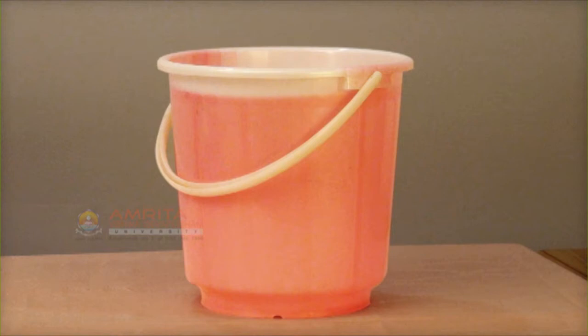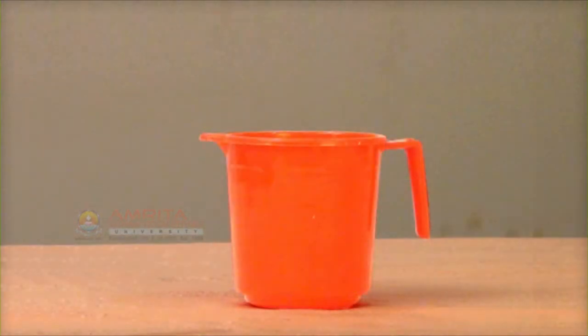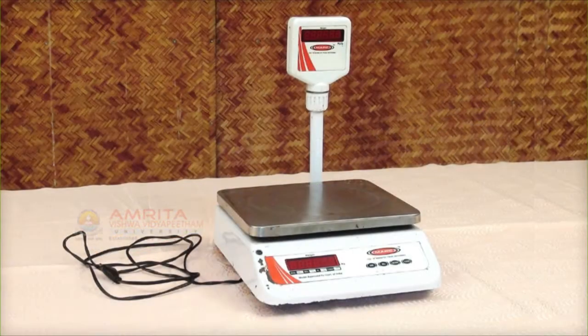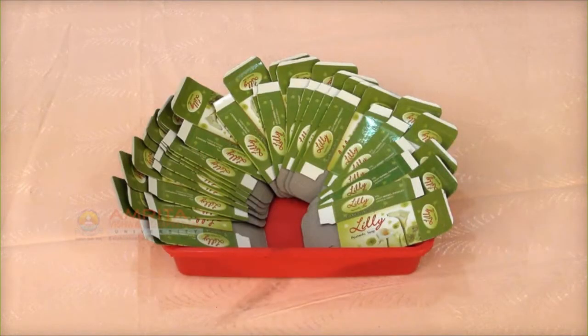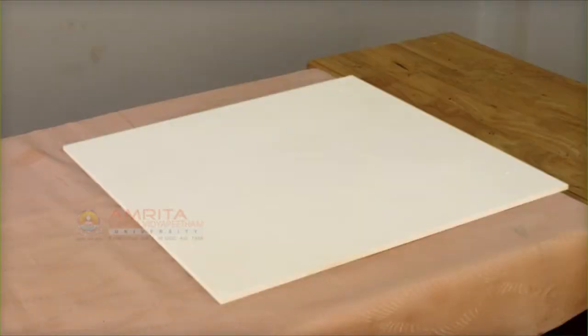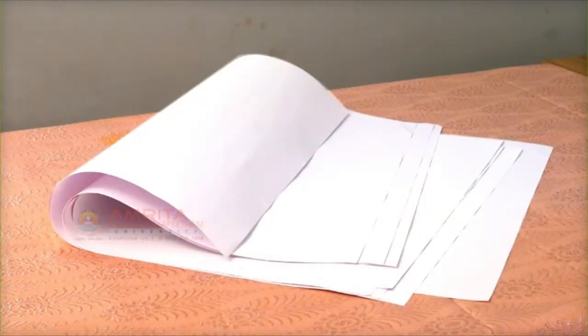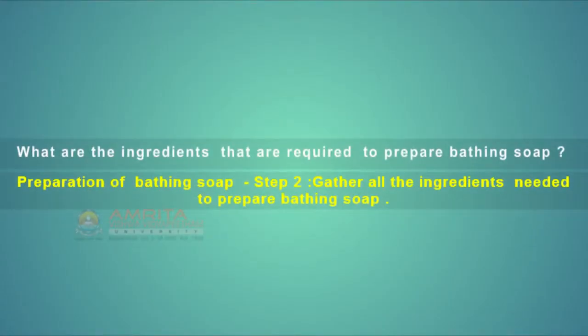The materials needed for making bathing soap are 1 plastic bucket of at least 10-liter capacity, 1 plastic mug of 1-liter capacity, 1 small mug of 500 milliliters capacity, a stirrer, weighing machine, molds, packing paper, packing covers, a piece of cloth, a long slab of marble, chart paper, a small bowl, medium sized bowls, and scissors.